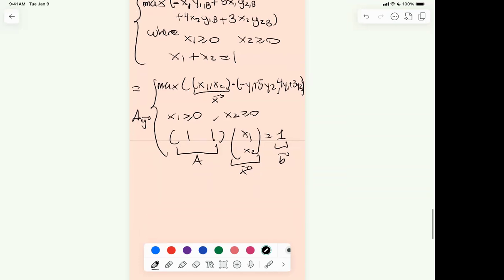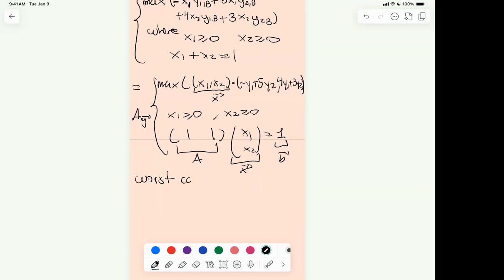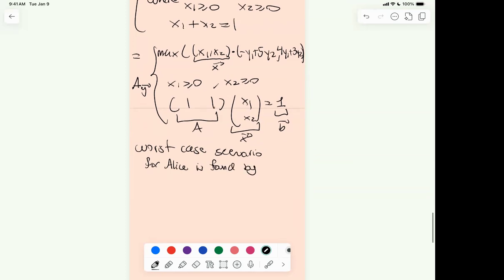So the worst case scenario for Alice is found by considering the minimum value that AY takes. By the way, this is the matrix MY.